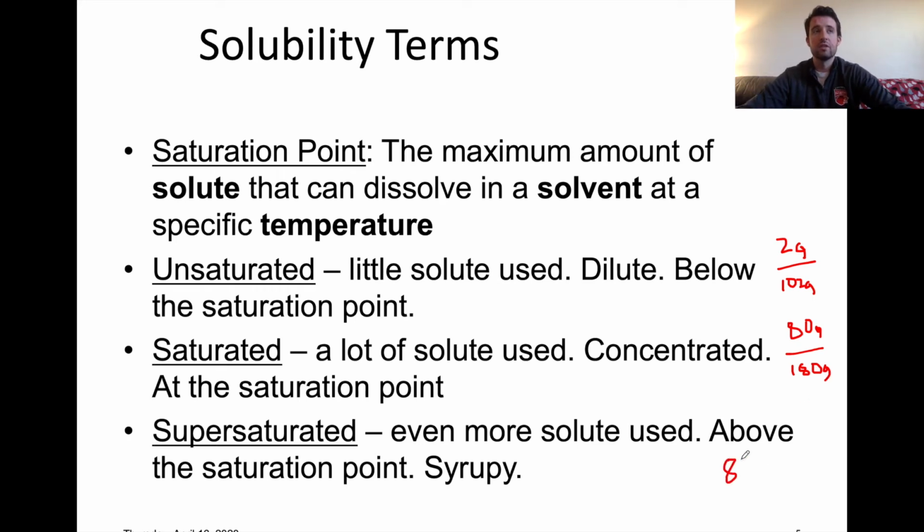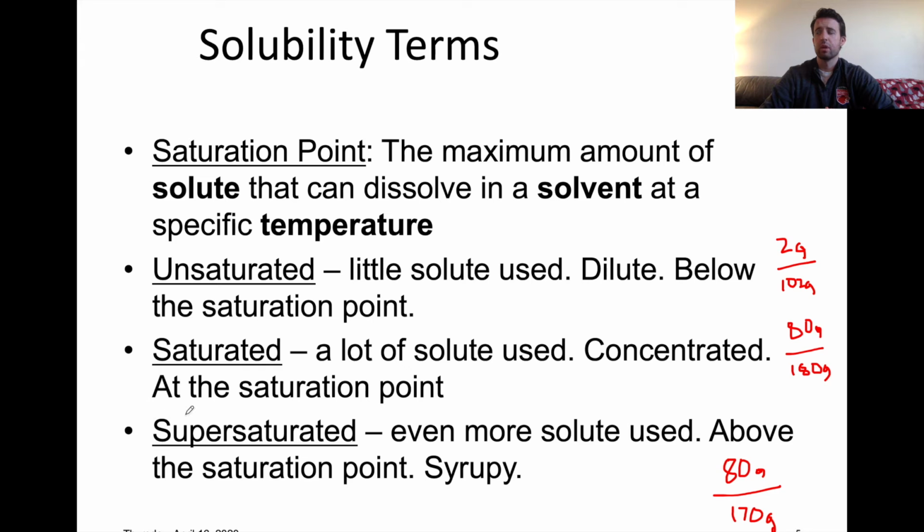And the idea is if you then add any more sugar into it, it'll all start to crystallize, and it will no longer be a liquid, it'll be like a solid, just a bunch of crystals. Supersaturated solutions are very weird.